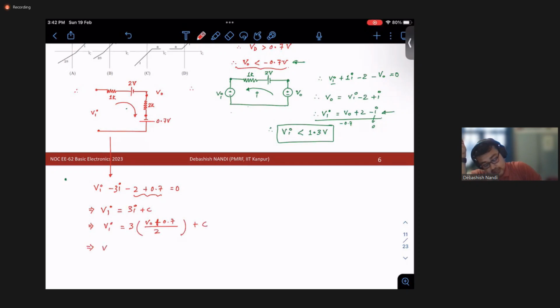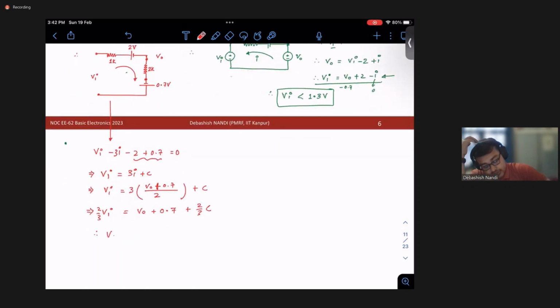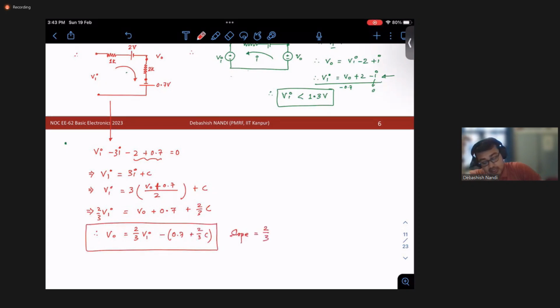Then again, if we multiply by 2 by 3 on both sides, it becomes this plus 0.7 plus 2 by 3 C. So we see V naught is 2 by 3 Vi plus some constant terms. So here we can see the slope is 2 over 3.